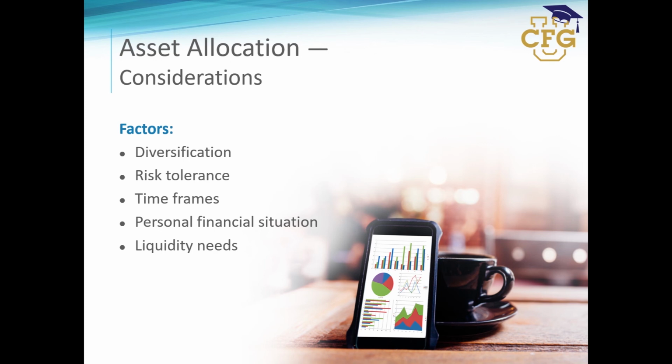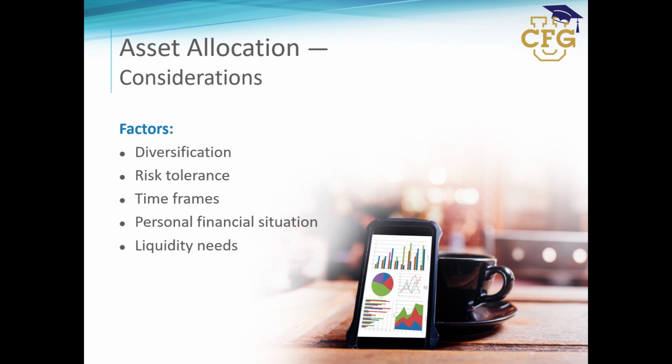So how do you choose the mix that's right for you? Well, a number of resources are available, including interactive tools and sample allocation models that can be found online. Most of these take a number of variables, some of which are objective, such as your age, your financial resources, your time frame, or your need for liquidity. And some are subjective, such as your risk tolerance or your outlook on the economy.